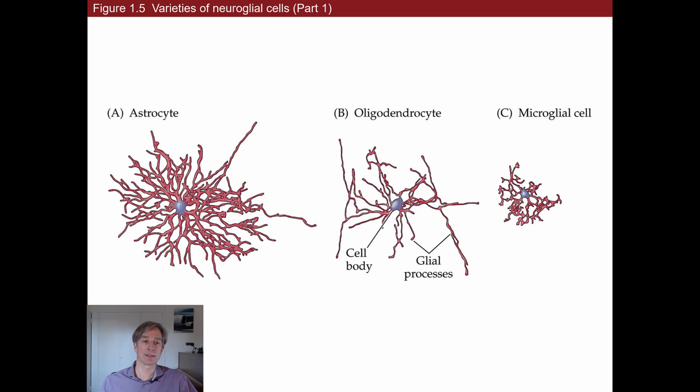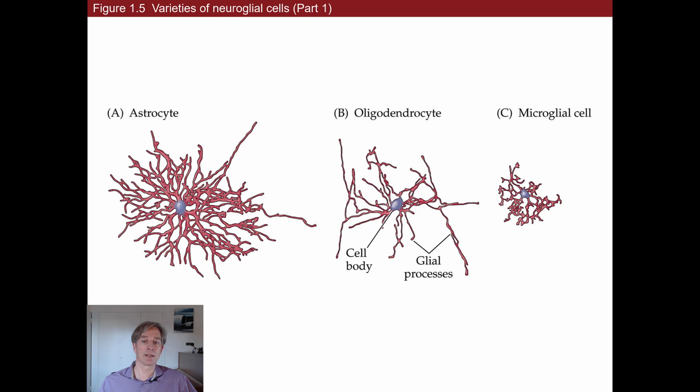They are cells that maintain homeostasis in the brain, like these astrocytes, or they form myelin, or they provide support and protection of neurons in the central and peripheral nervous system.